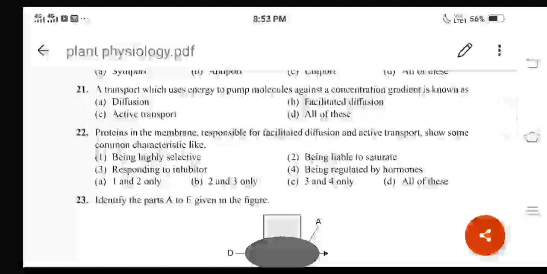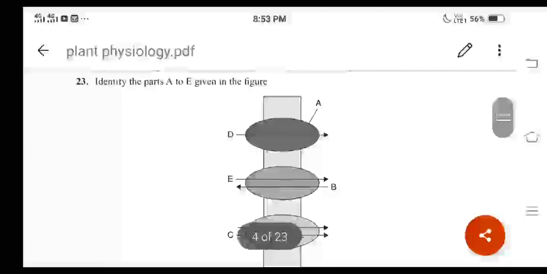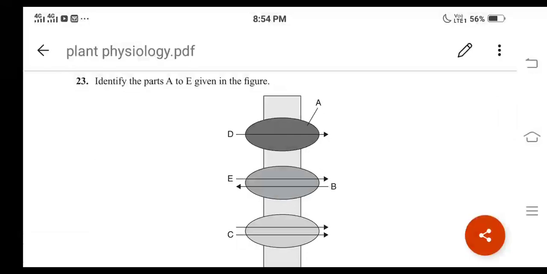Okay, then let us move on to the next question, question number 23. Okay, and here we have the diagram based question. Identify the parts A to E given in the figure. And remember, one more thing I want to tell you, the diagram based questions.